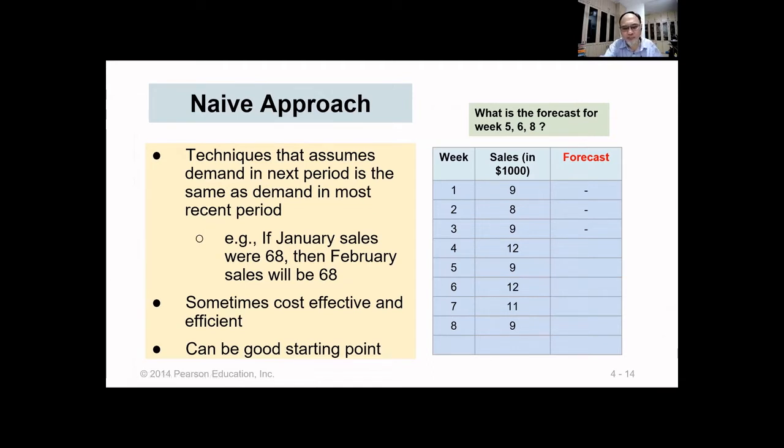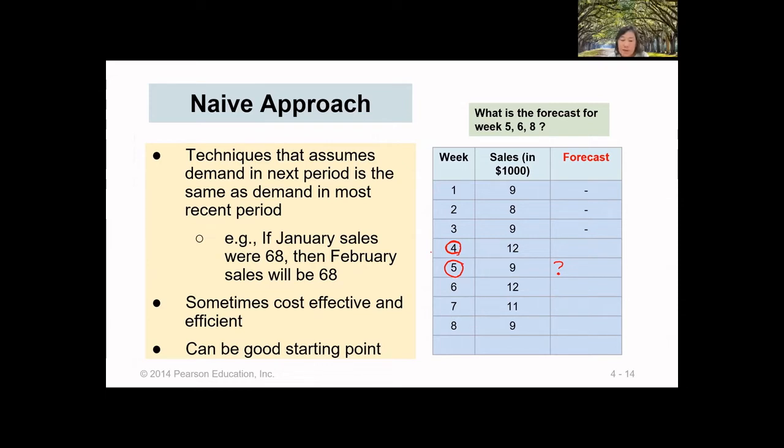If I use the naive approach, what do you forecast to be the sales in week 5? 9 or 10? Okay, that is a guess. We said here you assume the next period is the same as the period before. Week 5's before period is week 4.